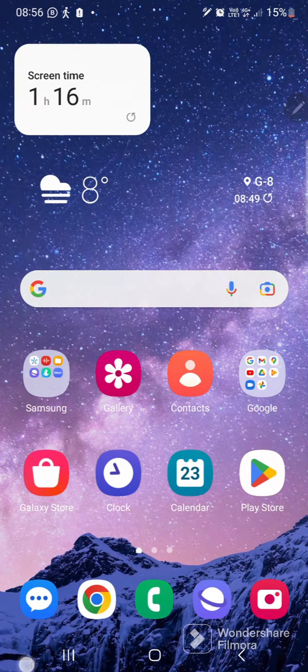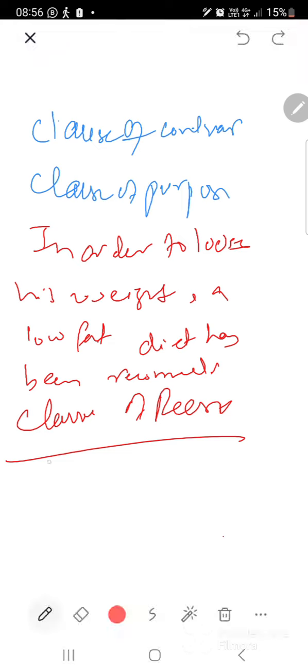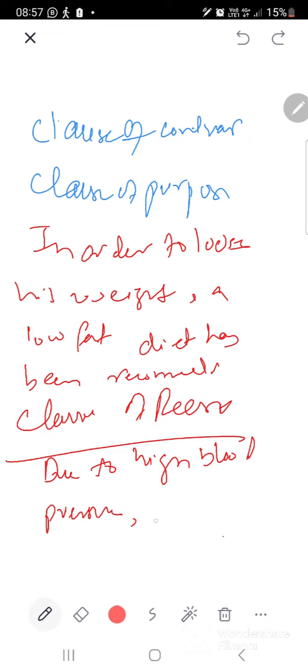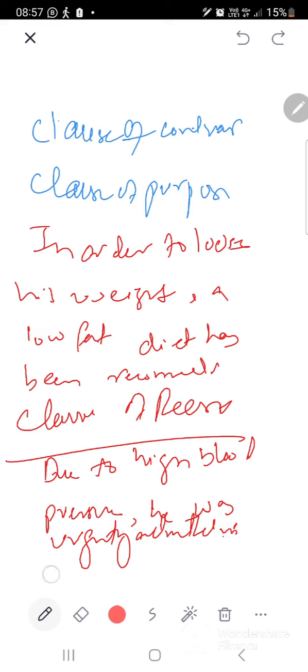Let's say, due to high blood pressure, he was admitted urgently to the hospital.